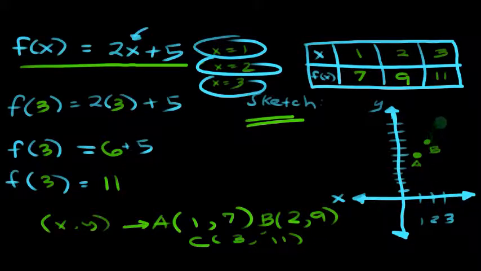So natay A, natay B. So ang A nato dinhi kay (1, 7), ang atong B kay (2, 9), ang atong C kay (3, 11). So with this pwede na ta makahimog usa ka straight line, and here we go, makita na itong graph. It's a little bit difficult to graph it, pero ang idea lang niya gid kay straight line na ta. So that's it, that's the concept.